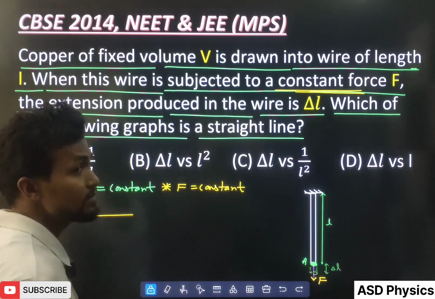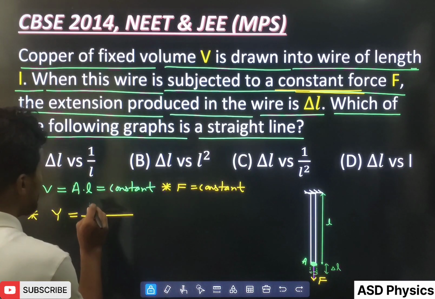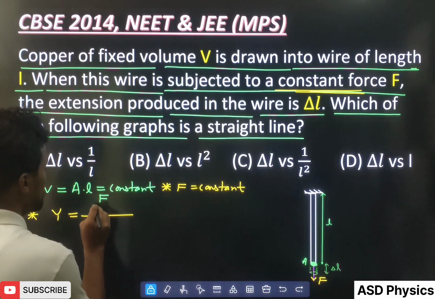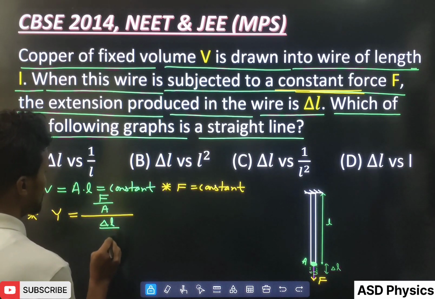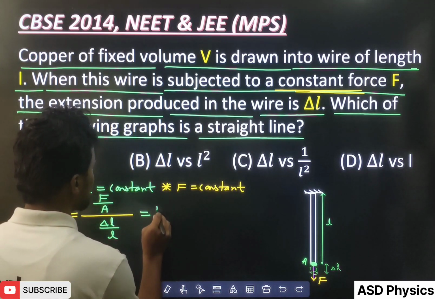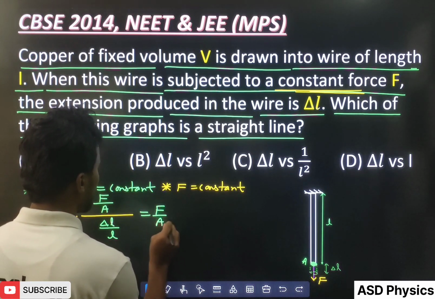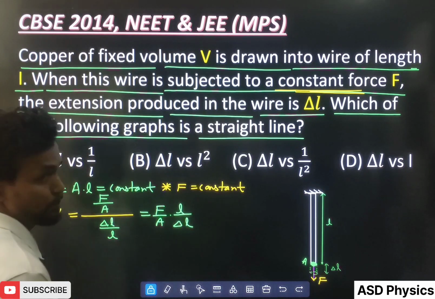So as I told you very well, longitudinal stress by longitudinal strain. Longitudinal stress means I can write here F by A, and strain means change in length by original length, delta L by L. Now if I simplify here, I can write F by A into, this will become reverse, L by delta L. Okay.